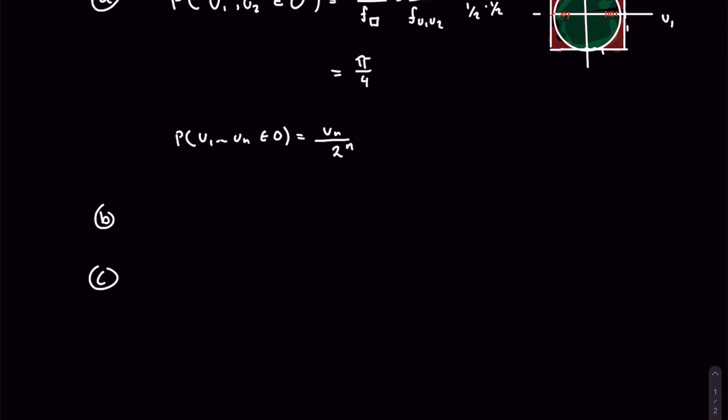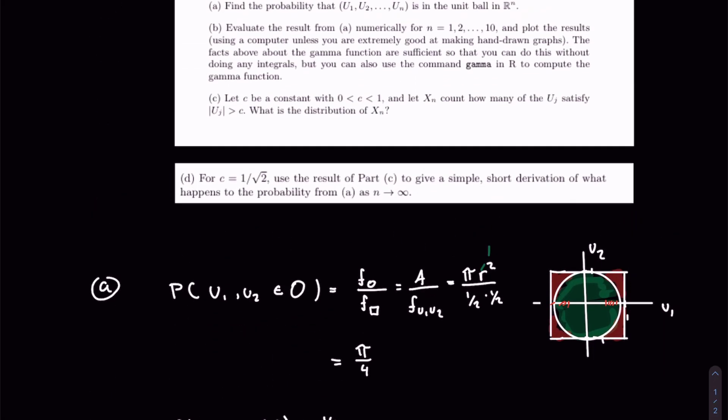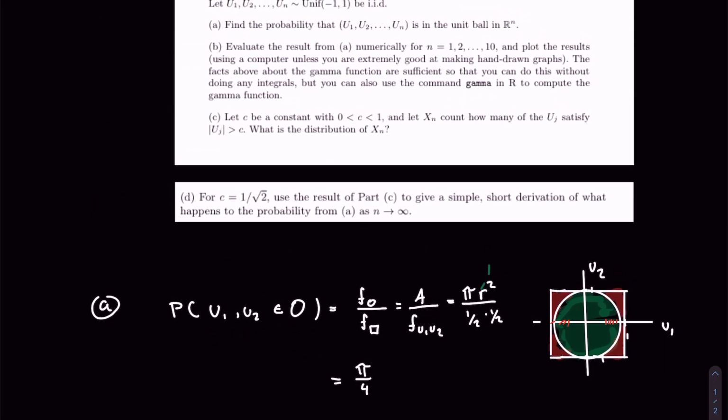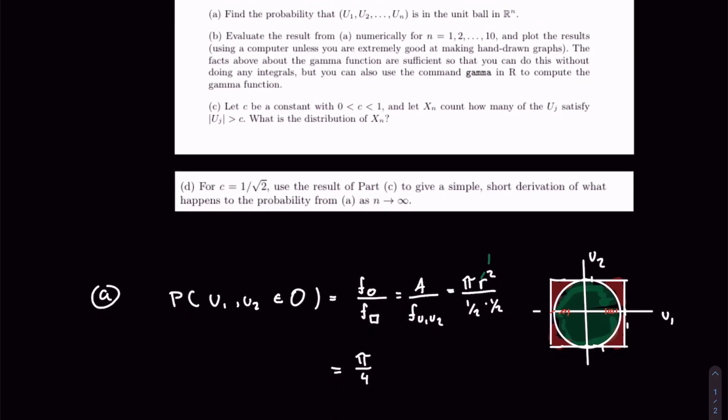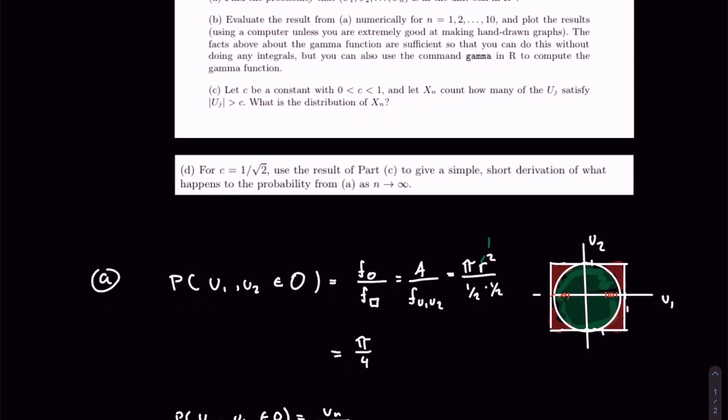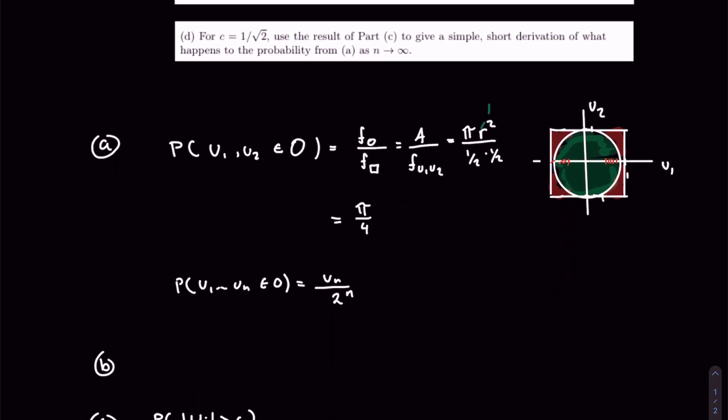So the probability that the absolute value of u is larger than c, that's the probability that we want to evaluate. We're going to evaluate the xn case, but we start with figuring out what that value means.